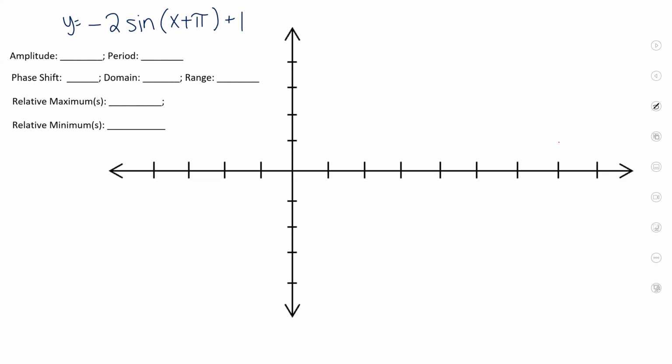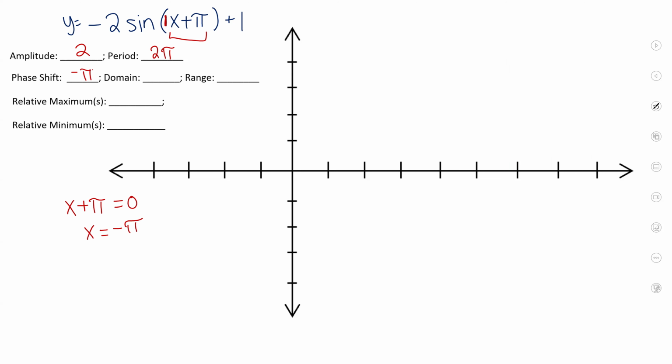So your amplitude is 2. Your period, we don't have a b value, so it's just 2 pi. Well, we do have a b value, it's just 1. So it's 2 pi. Your phase shift, you set all of this equal to 0 and solve. So x plus pi, set it equal to 0, you get x is negative pi.